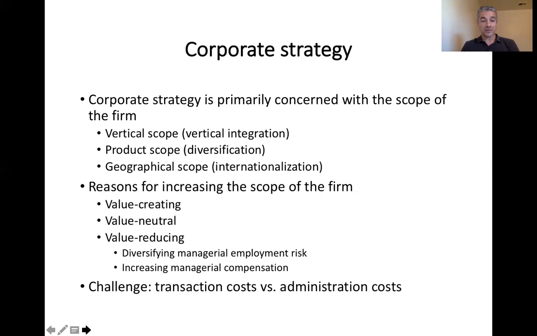One of them is diversifying managerial employment risk. If you operate in multiple industries or multiple markets, it is entirely possible that some of those will be doing quite well, despite what you do, while others may be experiencing some sort of financial or economic trouble.